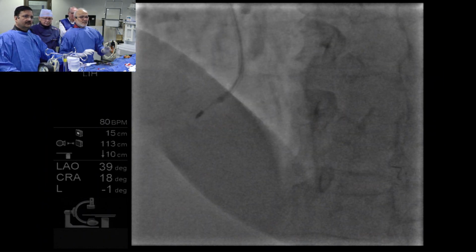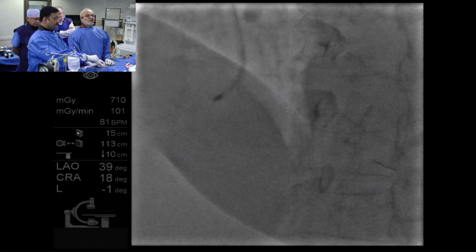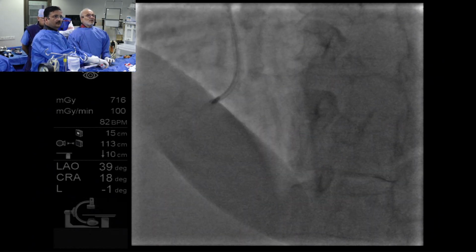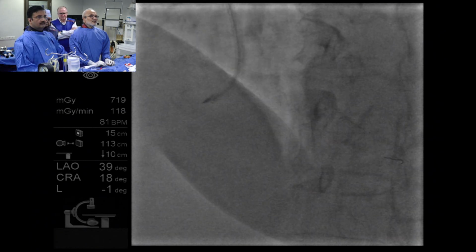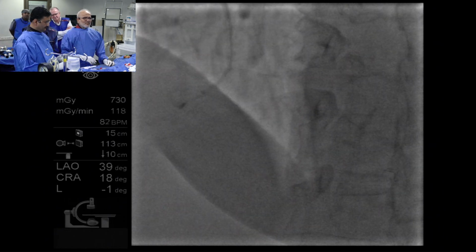Okay. Still a little, Sanjay, scout a little more. It is 1.5, yes, 1.5. Why does it look like 1.25? No, 1.5.